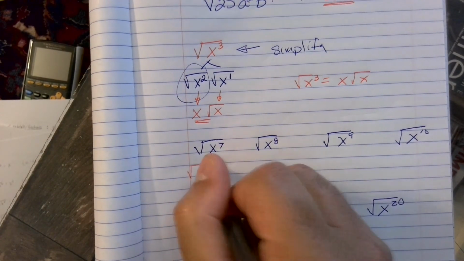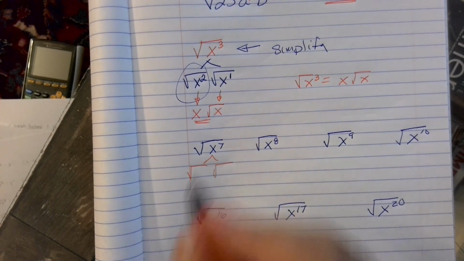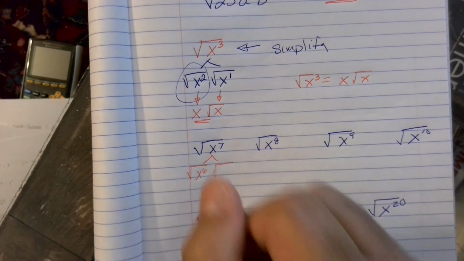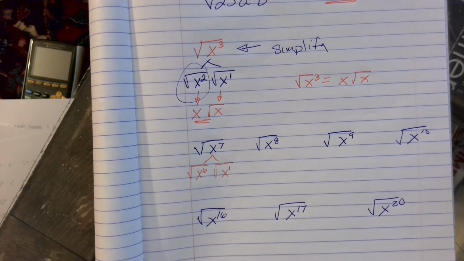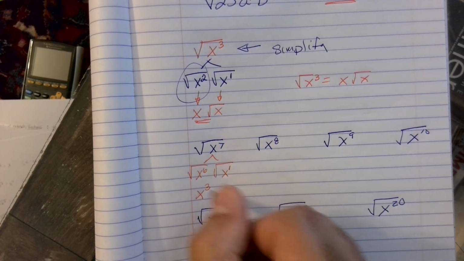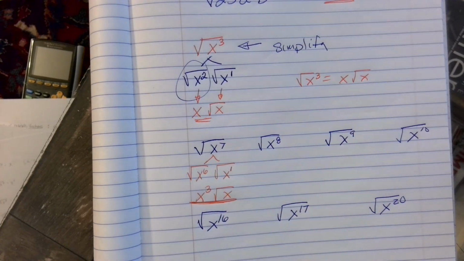I'm looking for the largest square that goes into x to the 7th, and that's going to be x to the 6th and x to the 1st. The square root of x to the 6th is x to the 3rd, and I bring down my remaining factor.